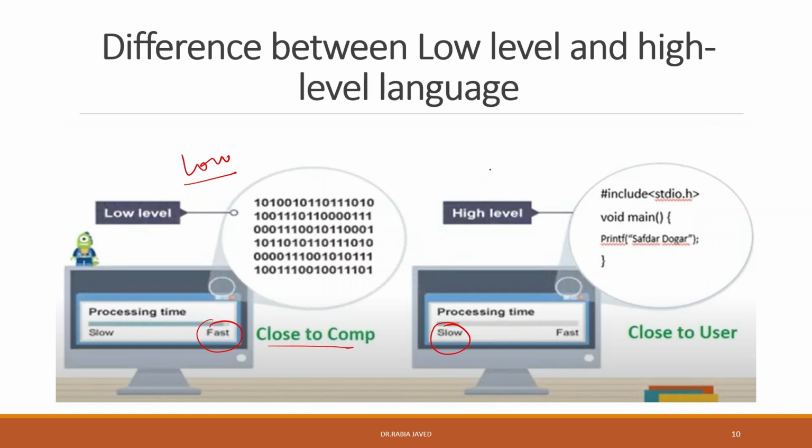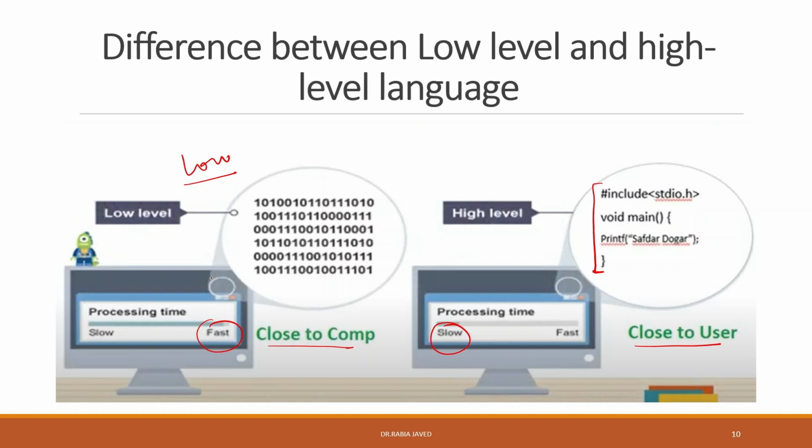And if I talk to you in English, then you won't be able to understand it much faster as compared to Urdu. But I hope you will be able to understand. High level language is close to the user, and you can see this is a program written in a high level language.